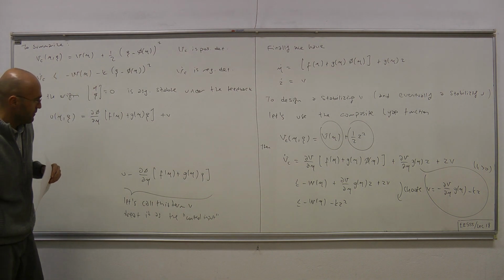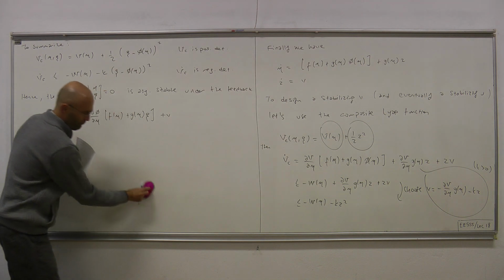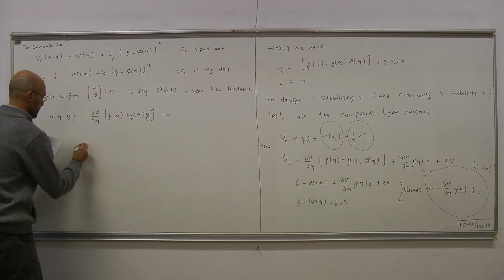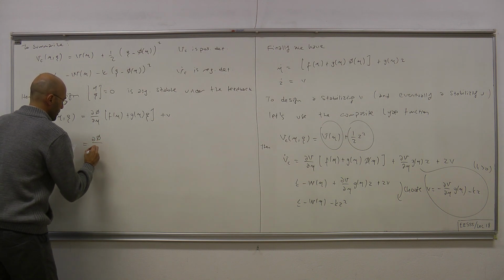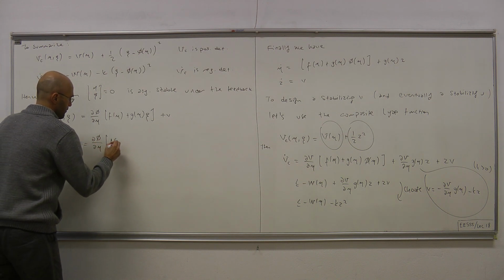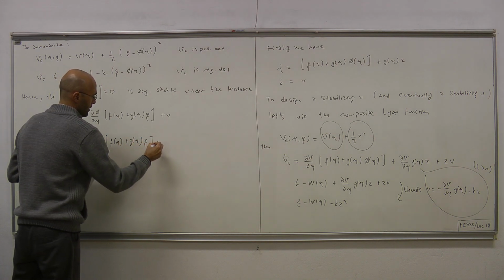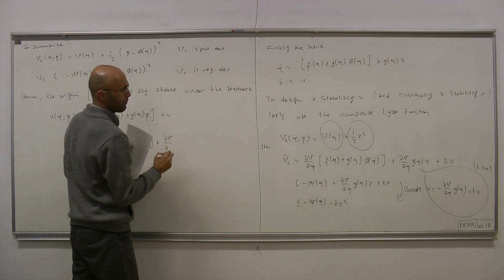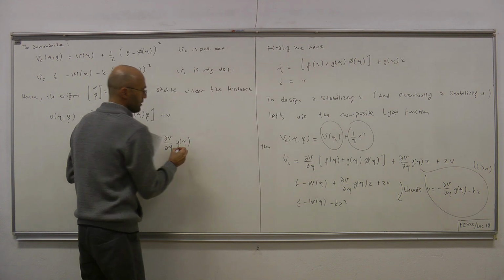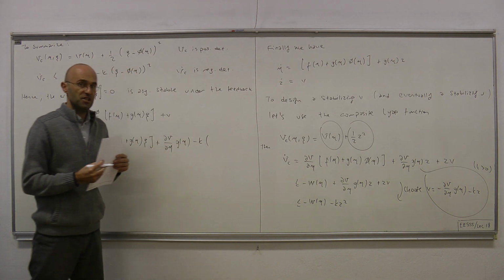Okay, so the very final answer hence is partial phi by partial eta times f of eta plus g of eta xi, plus partial V partial eta times g of eta, minus k z.